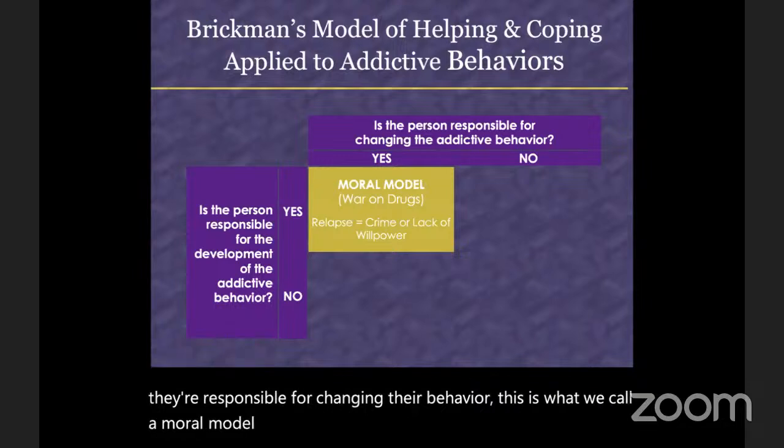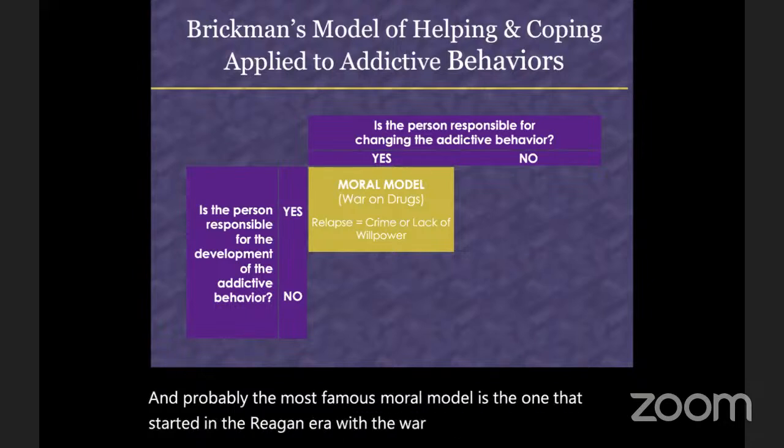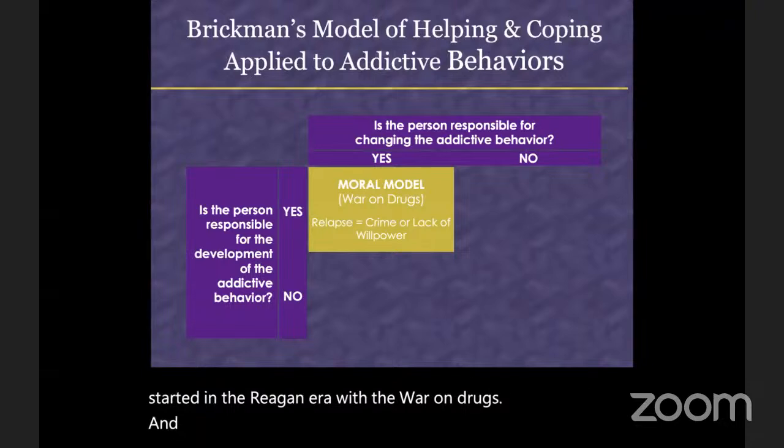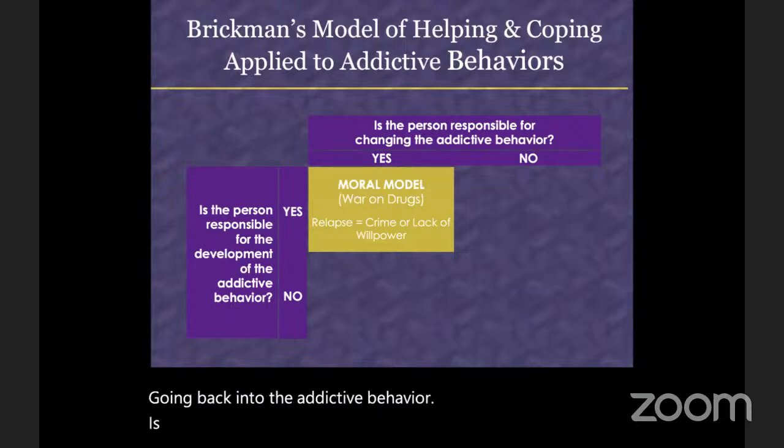And probably the most famous moral model is the one that started in the Reagan era with the war on drugs. The belief becomes that relapse, going back into the addictive behavior, is due to a crime, so it's criminal behavior, or it's a lack of willpower.